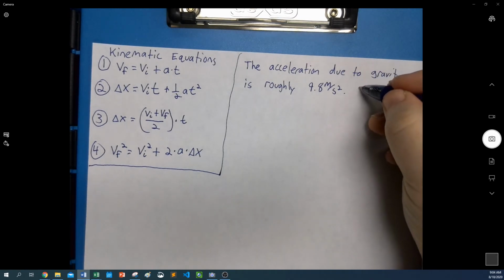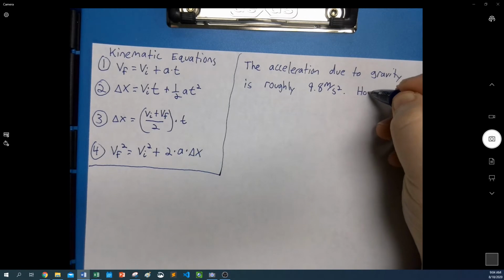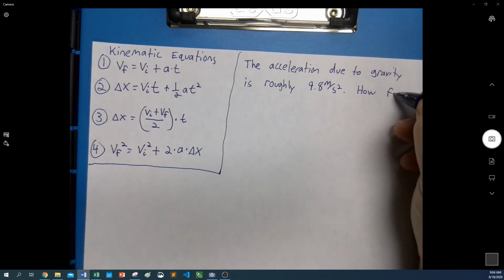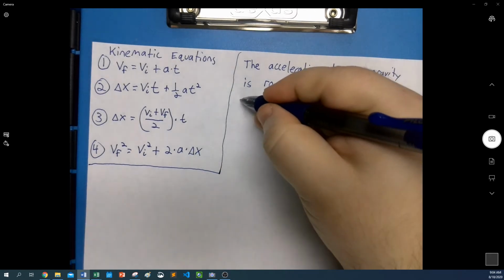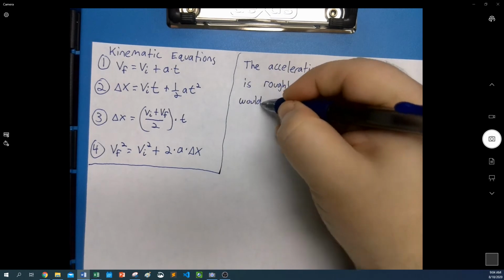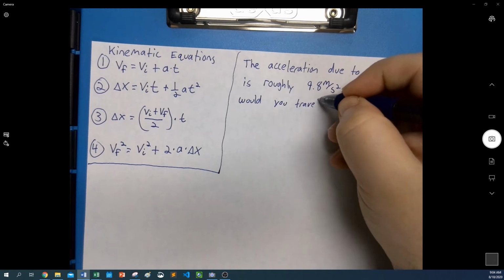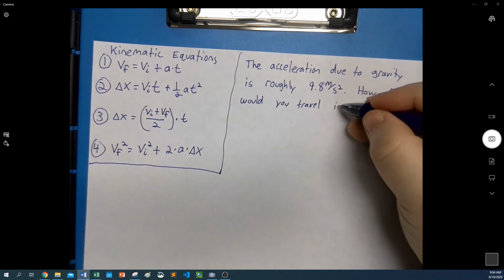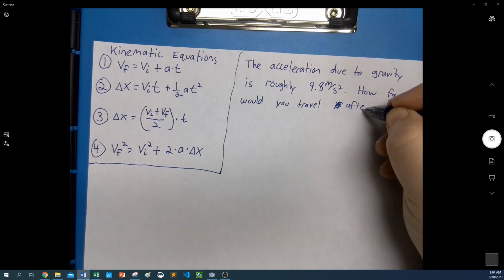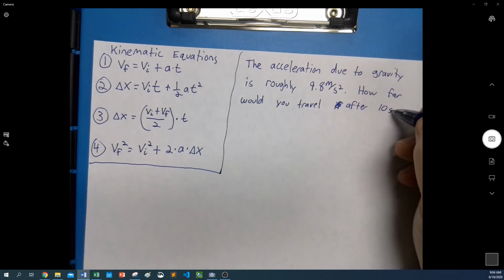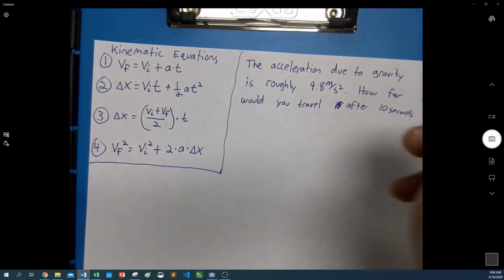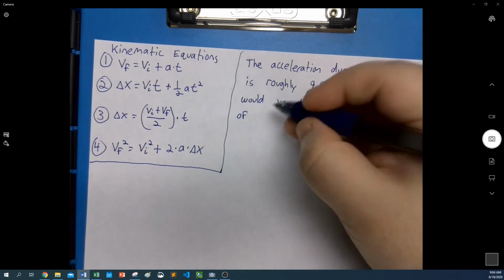So here's a question. How far would you travel after 10 seconds of free fall?